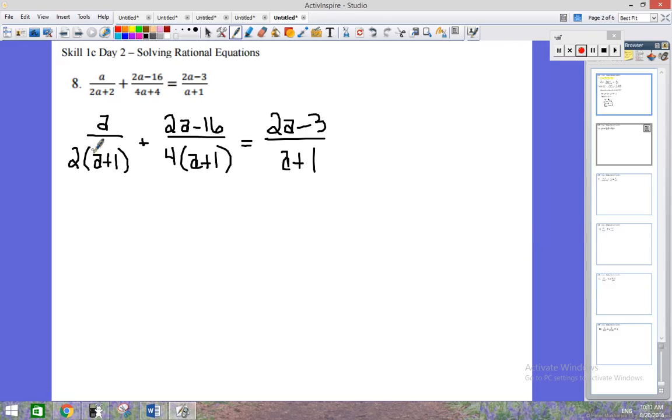On the first term, it's missing a factor of 2. 2 times 2 is 4. So we multiply this first term by the number 1, but we write 1 in such a way that we get a 4 in the denominator. This 2 times 2 will get me the 4. This denominator I leave alone.